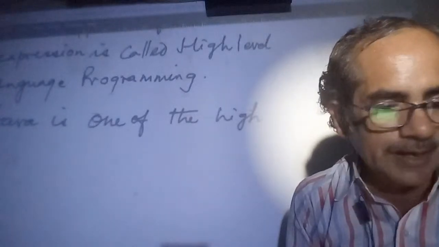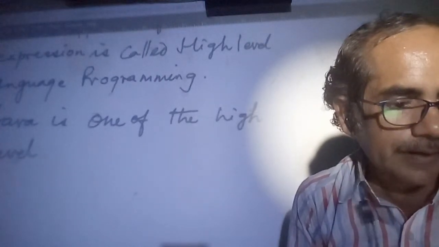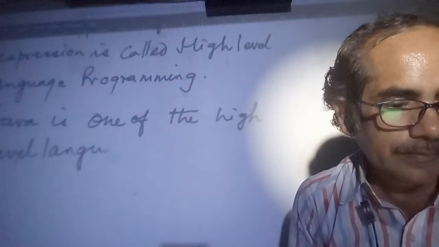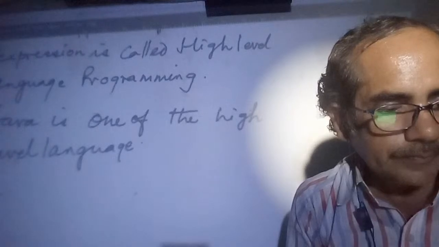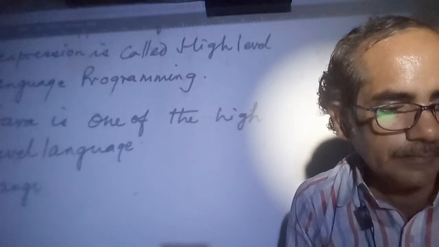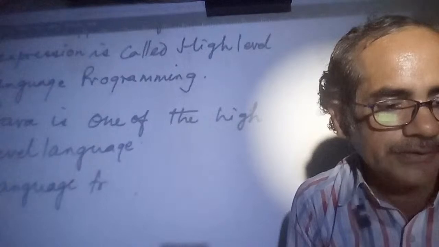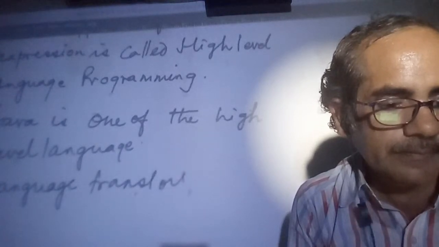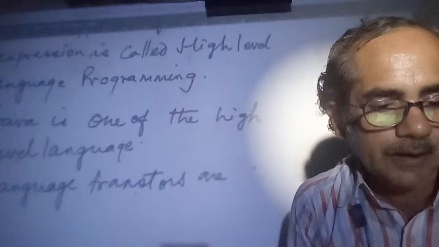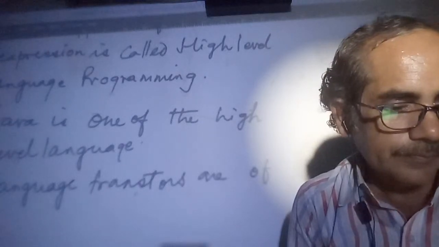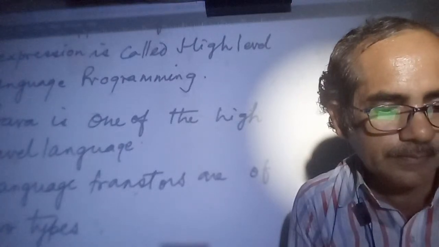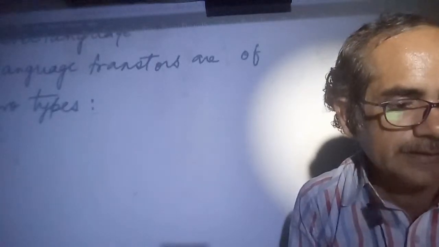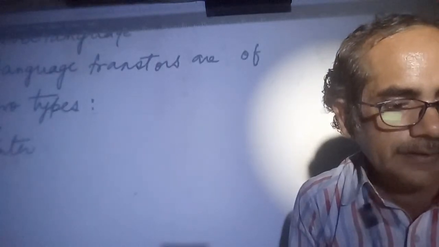Java is one of the high level languages. Language translators are of two types. First is the interpreter.